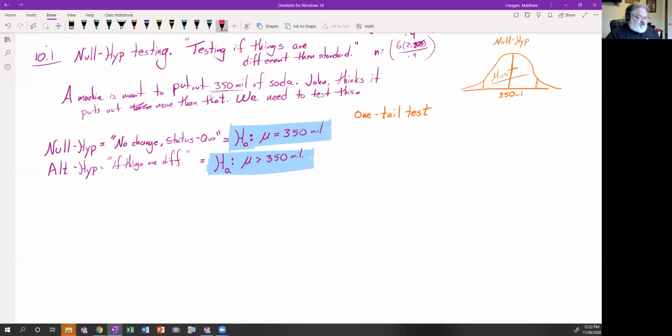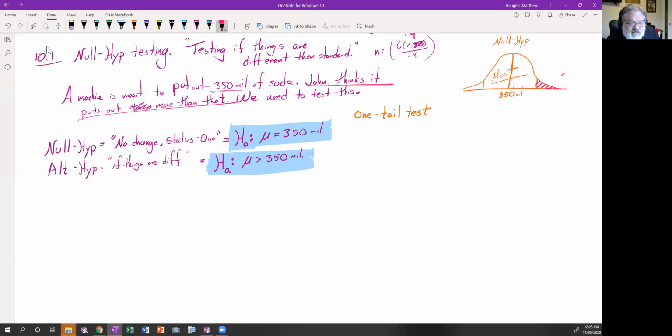For us to say that John is right, that the machine puts out more than that, we would have to get a result that's not just more than 350 if we took a sample, but it would have to be significantly more than 350. Fair?